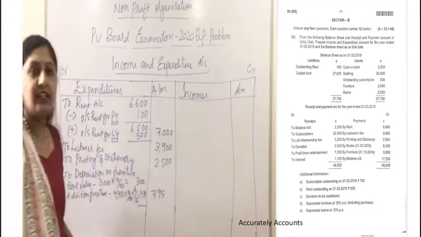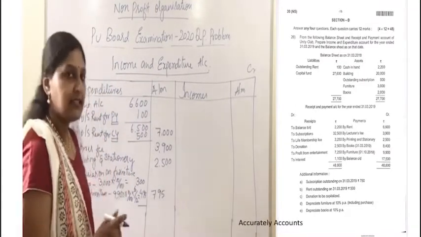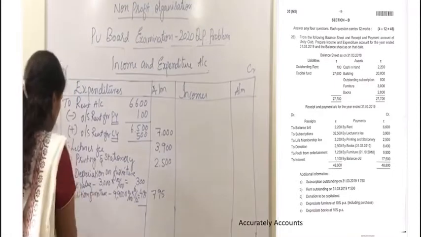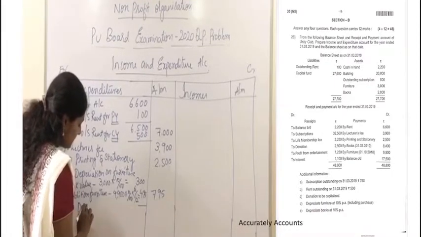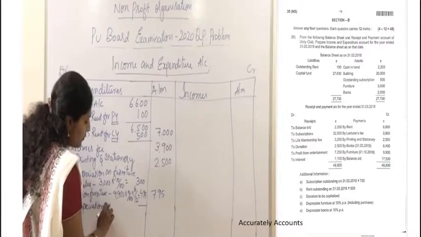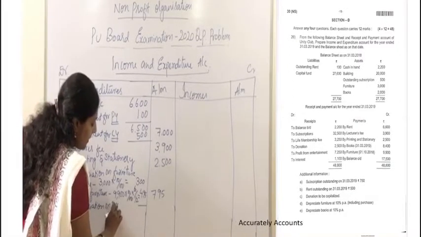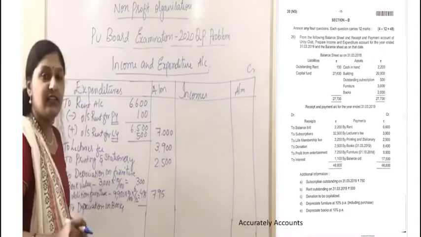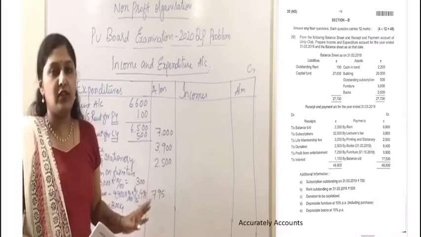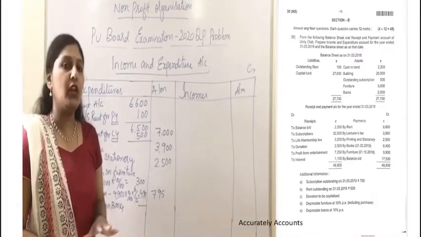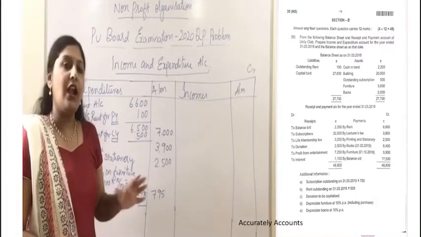Now let us take the depreciation on the next asset, which is books. Here it is clearly given that only on the opening balance of the books we need to charge the depreciation. No need to charge the depreciation on the additions to the books.